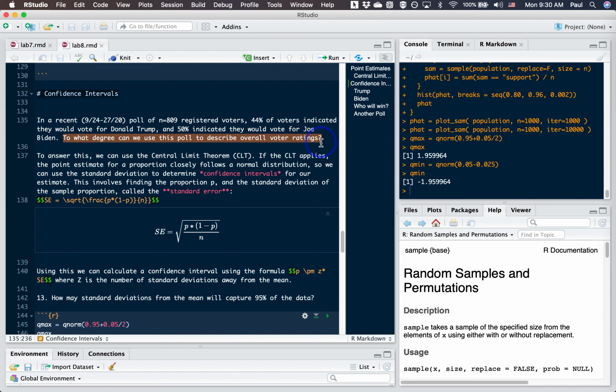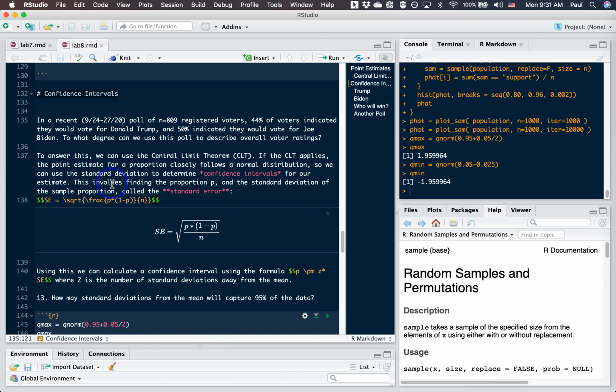For this, we will use the central limit theorem. If it applies, we'll have to check some of the conditions. The point estimates for the sample proportions, both for 44% and 50%, will follow closely a normal distribution. So we can use the standard deviation and mean to calculate confidence intervals, as we'll describe.